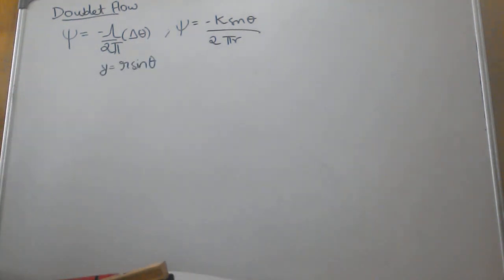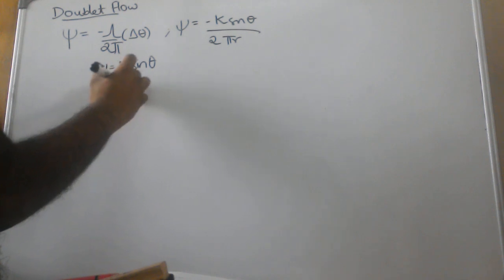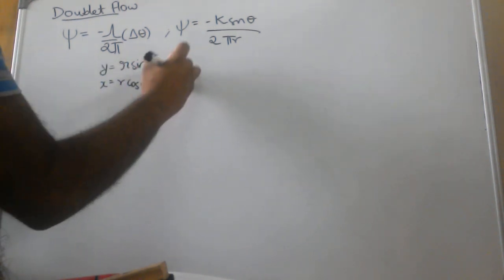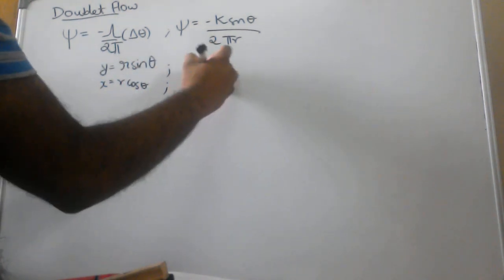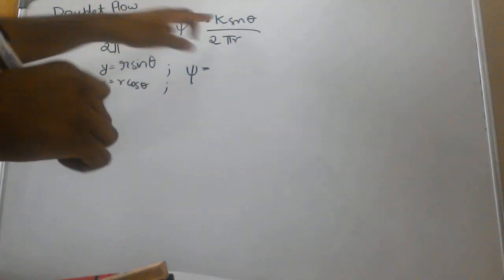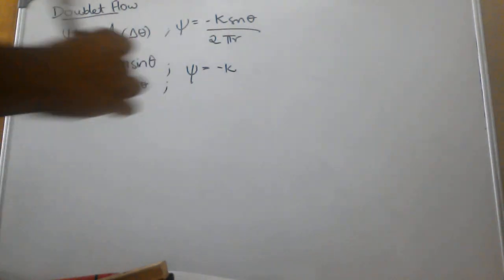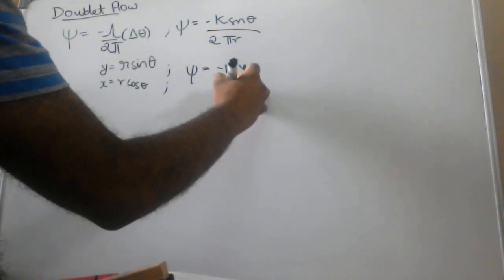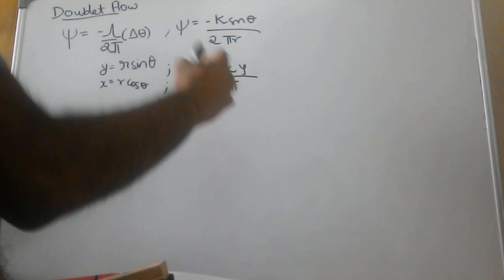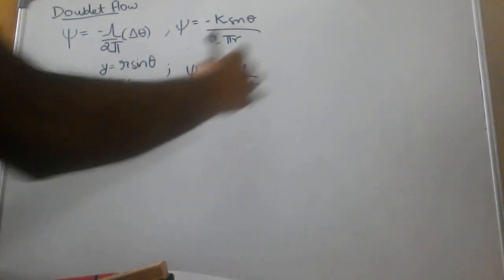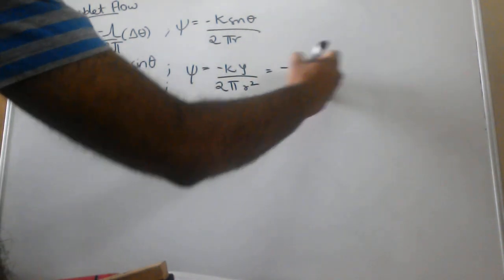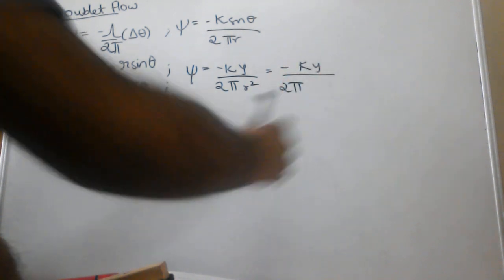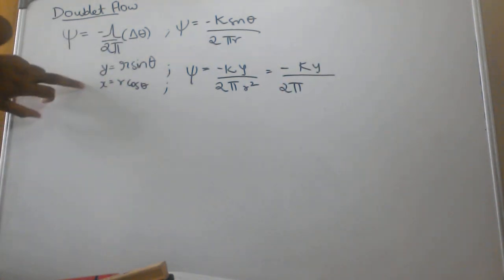So the relations are y is r sine theta and x is r cos theta. So now from here the stream function can be written as minus kappa sine theta, from here sine theta is y by r, so that makes it r squared. Now that is kappa y by 2 pi, r squared can be written as x squared plus y squared.